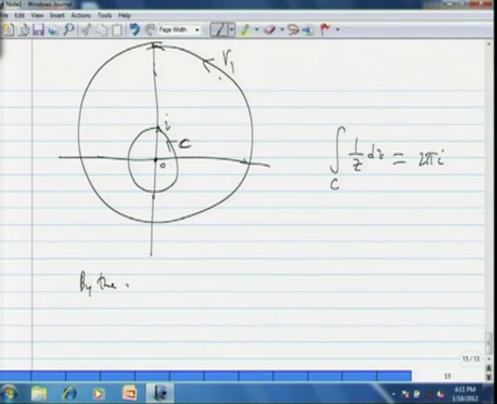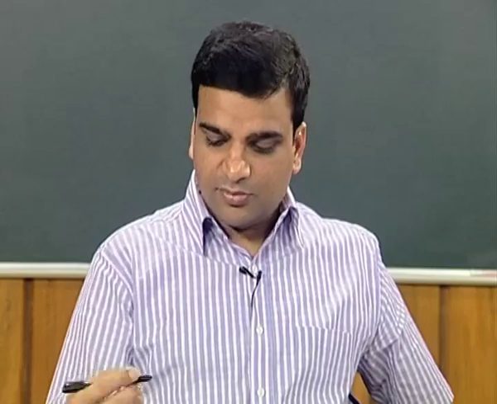So, by the above version of Cauchy's theorem, we immediately see that the integration on gamma of 1 by z dz is the same as the integration on C of 1 by z dz, which is 2 pi i. So, you do not have to compute that integral. So, that is an application of this.